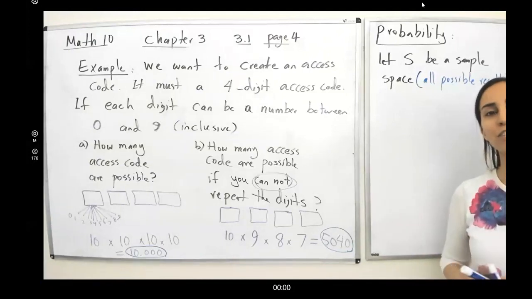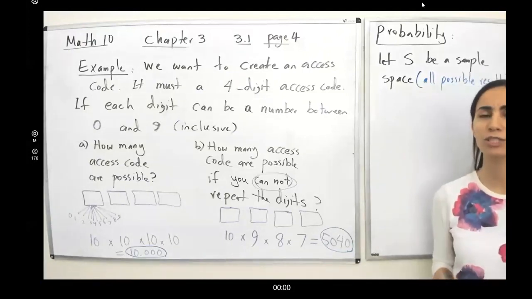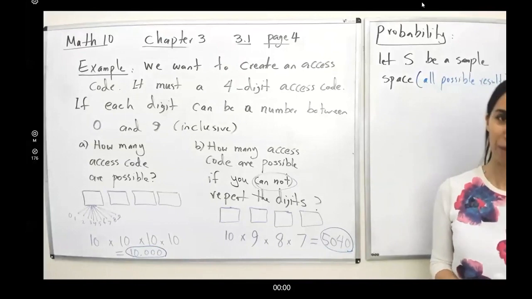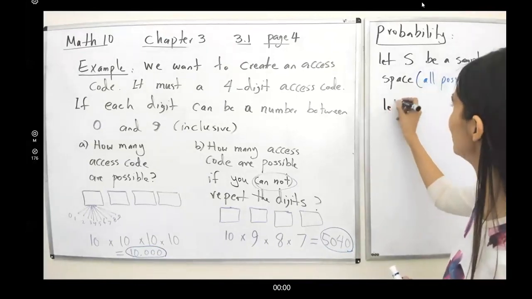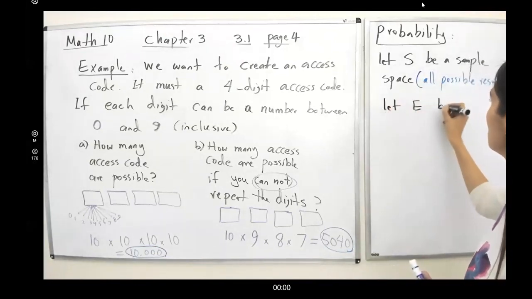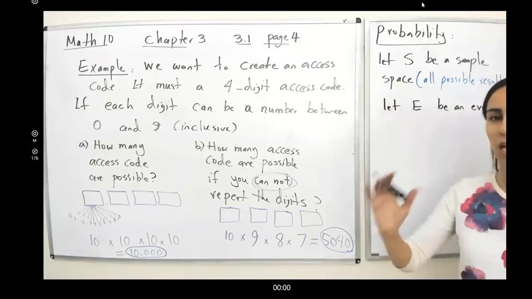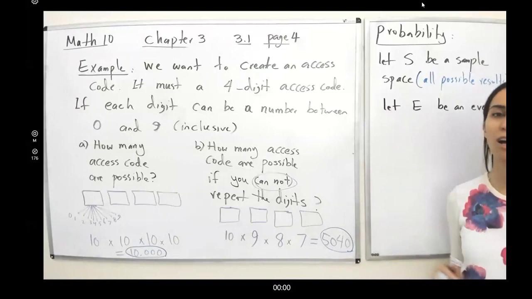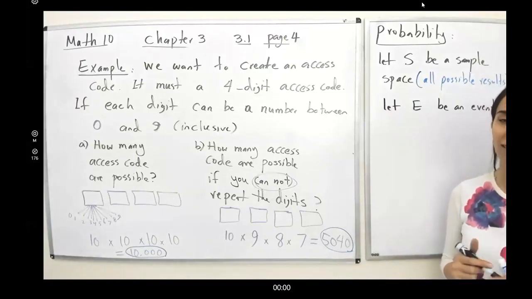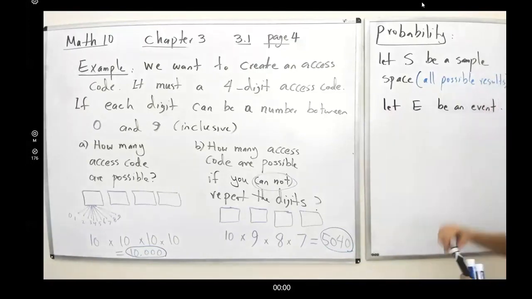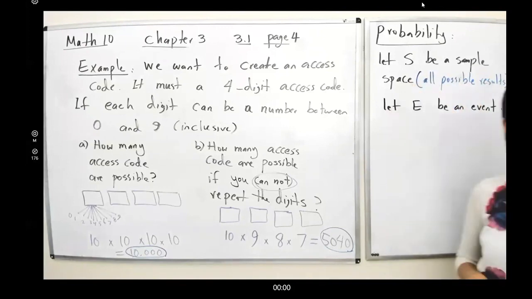I'm going to take a sub-collection or subset of my sample space. Let E be an event: a portion, a sub-collection, a subset of your sample space.